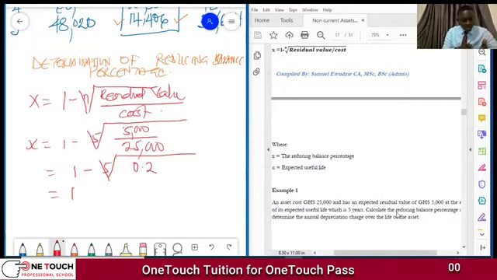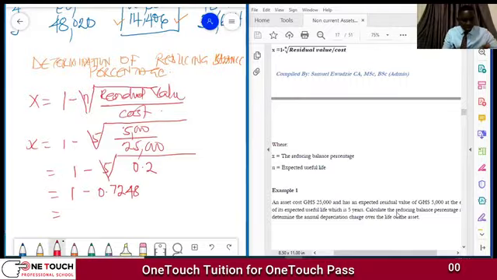So you have 1 minus the fifth root of 0.2. So we have 1 minus 0.7248.